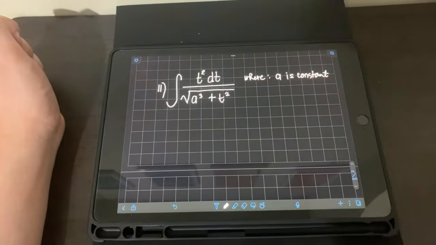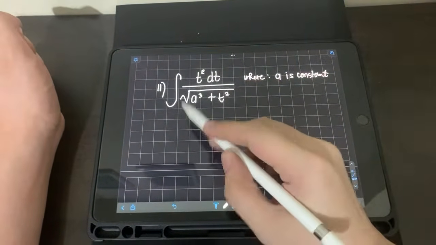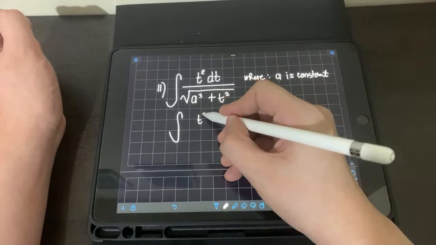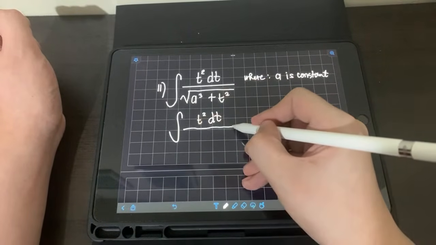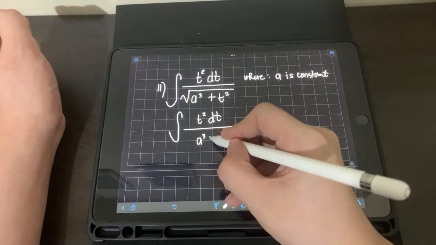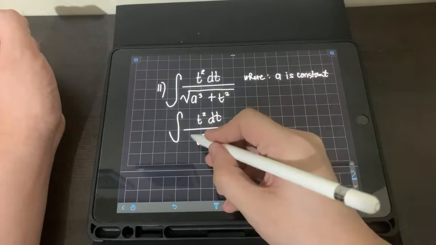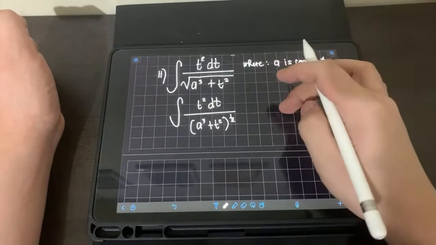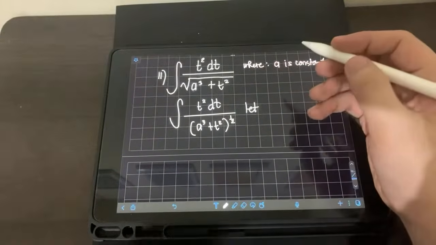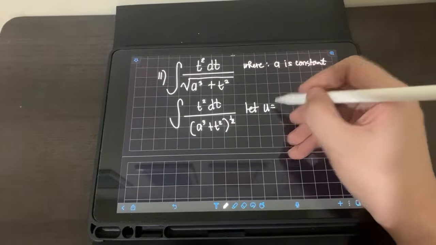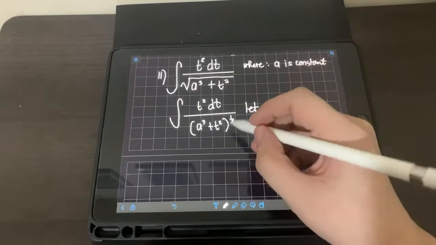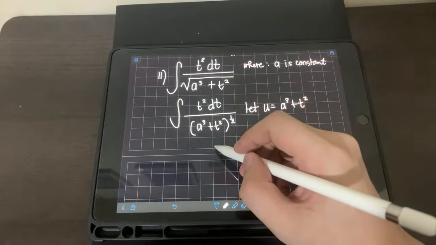Okay, so again, first step, when there are radicals, like a square root, we convert them to fractional exponents. So, t squared dt over, this square root of a cube plus t cube becomes a cube plus t cube raised to 1/2, right? So, obviously, we will use u-substitution. What should we let be u? This a cube plus t cube, because it is raised to 1/2, so it is more complicated.